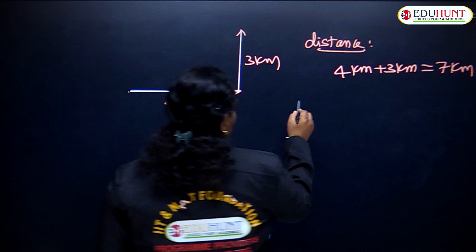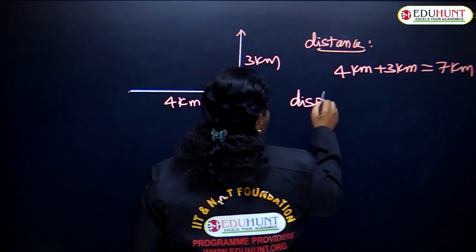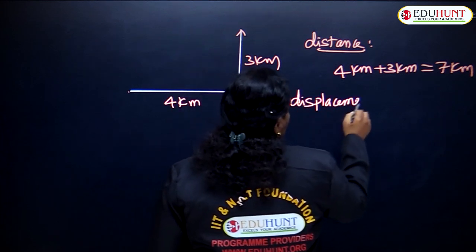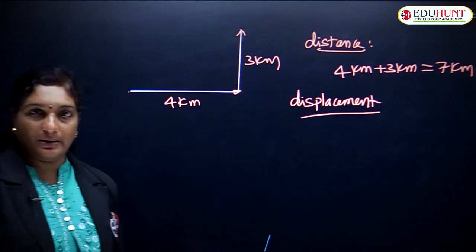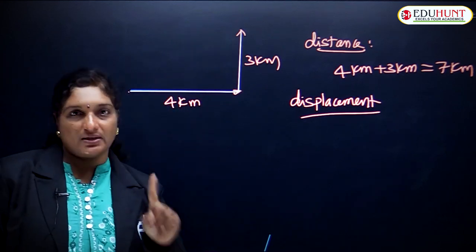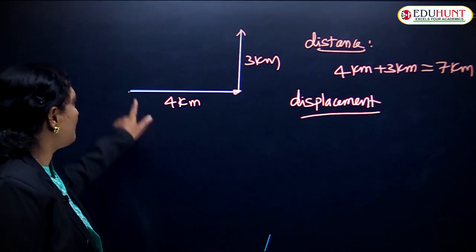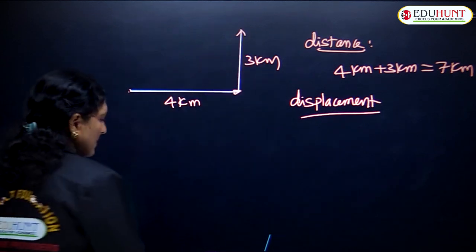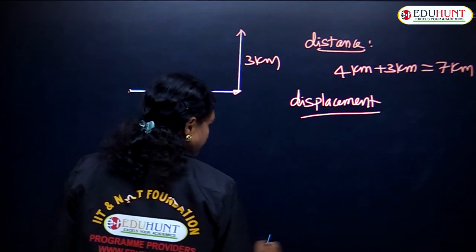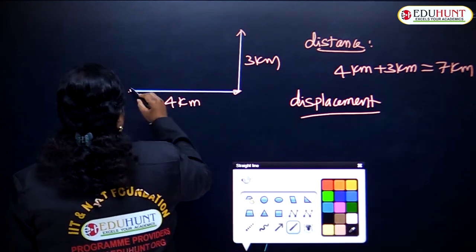Whereas coming to the displacement, displacement is the shortest distance. So among all possible path lengths, one will be the shortest path length to cover from initial position to final position. And that might be like this.